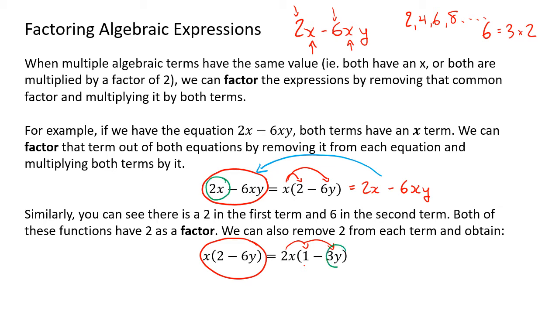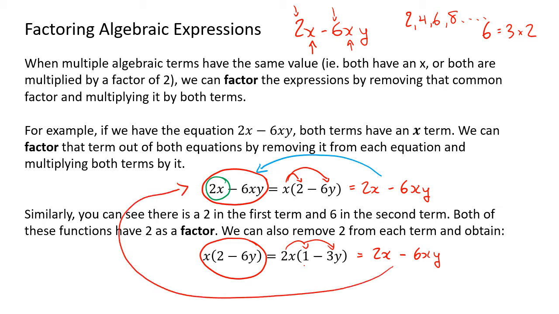And with this one, the only thing you're left with is 3y. And again, you can check that by then multiplying it in. This is what's called the distributive law. So 2x times 1 is 2x, minus 2x times 3y becomes 6xy. So you always end up back with what you started with.